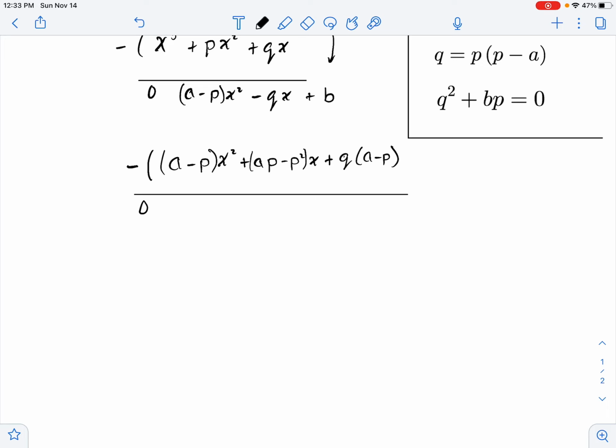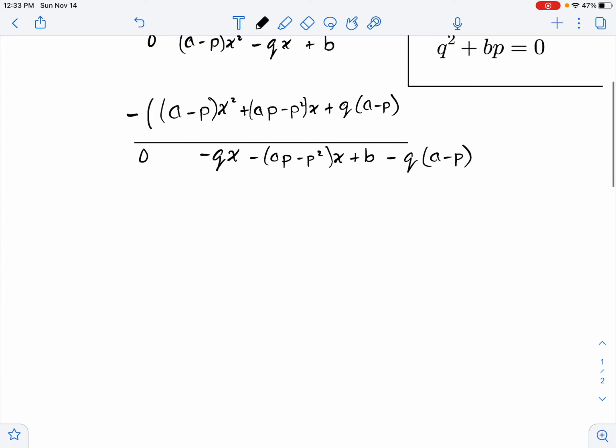Then I will have negative qx, minus all of this, so minus ap minus p squared x. I will factor out an x here out of those two in a minute. And then as my final term, I have b minus q on a minus p.